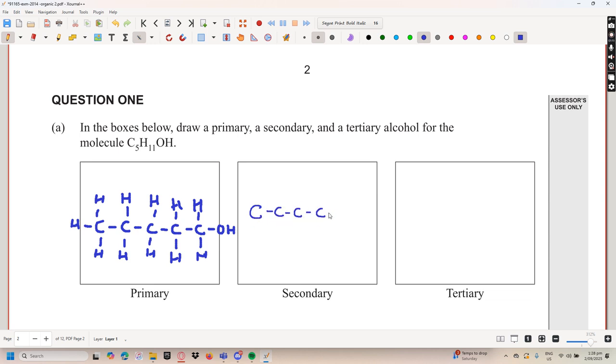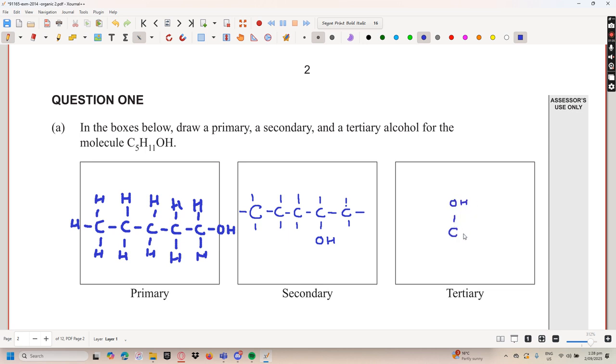A secondary alcohol will occur if the OH group is joined to a carbon which is joined to 2 other carbons, like this. And again, you put all your H's on these guys. I won't bother drawing it in just to save time. Put all the H's around it. And tertiary occurs when your OH is joined to a carbon which is joined to 3 other carbons.